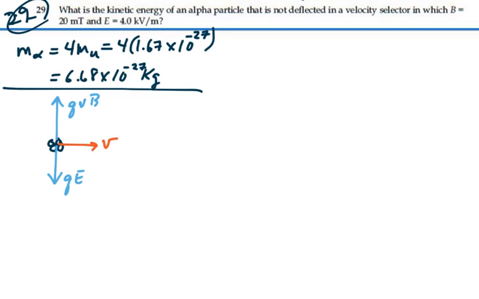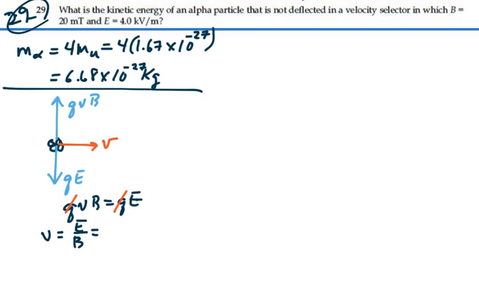So they must be equal in magnitude, opposite in direction. So QVB equals QE. The charge cancels out. And that means that the velocity is equal to the E field divided by the B field.